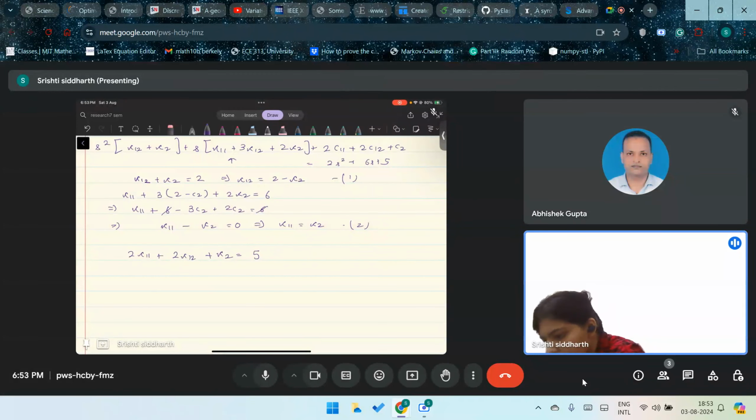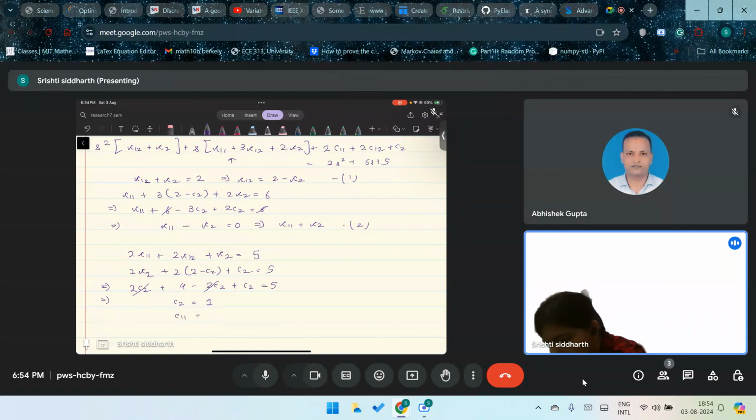Alright, so let's substitute for C11 and C12. So this is going to be 2C2 plus 2 minus C2 plus C2 equals 5. So I have 2C2 plus 4 minus 2C2. So this implies that C2 is just 1.